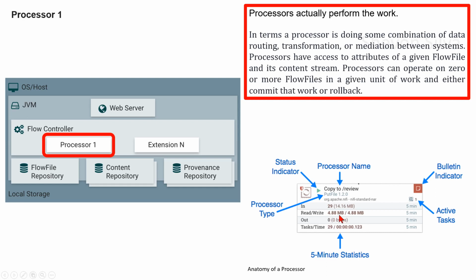In this example, we see that in the past 5 minutes the processor has read 4.88 MB of the FlowFile content and has written 4.88 MB as well. This is what we would expect, since this processor simply copies the content of the FlowFile to the disk.